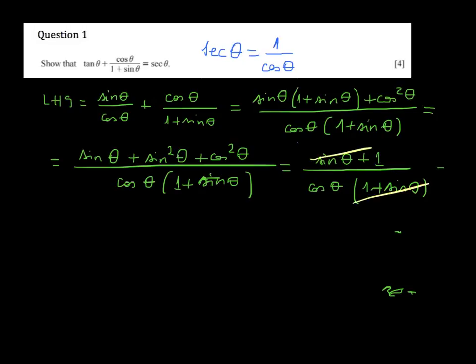So I end up with 1 over cos theta, which is secant theta, which is the right-hand side. In a proof question it is very important to show all the steps as the answer is given. So you need to show that you know how to reach the answer, which in our case is the right-hand side.